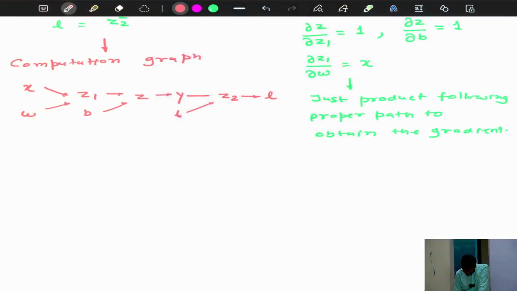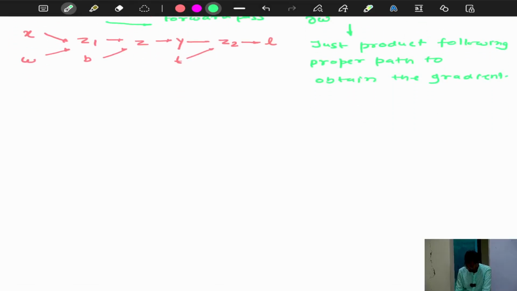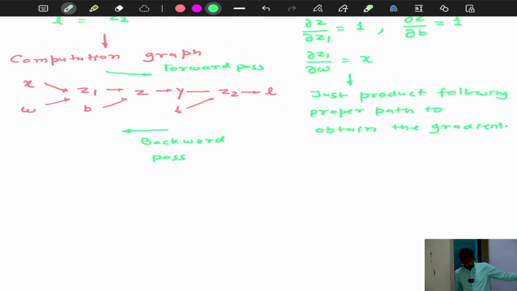Yes. So what I was saying is that this is the forward pass. And this will be my backward pass. And now you can see that if I have to reach B, how will I go? I will follow the arrow in the reverse direction. So from L, I will go to its parent, which is Z2.